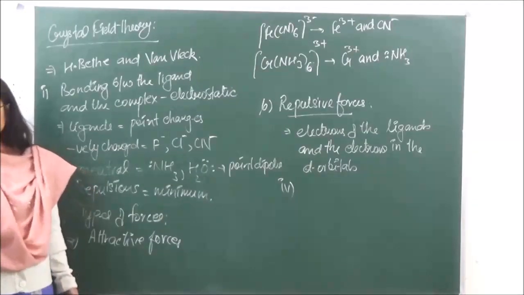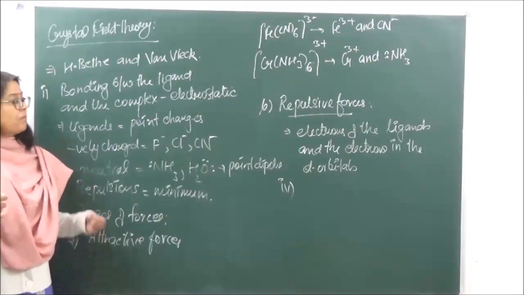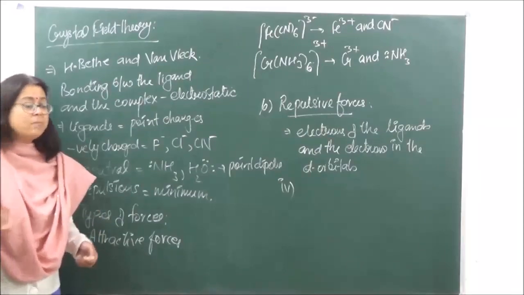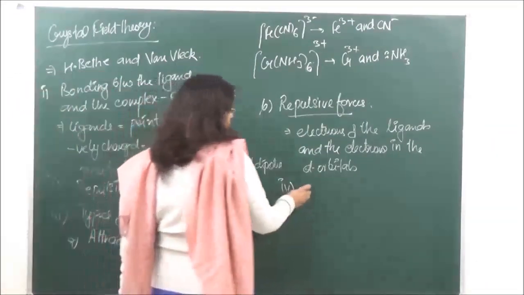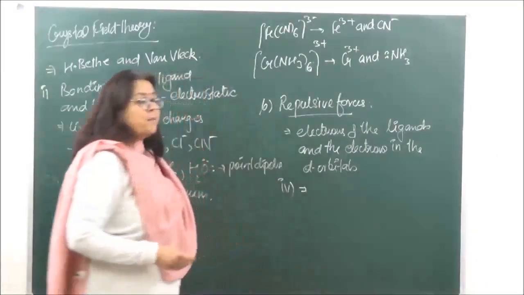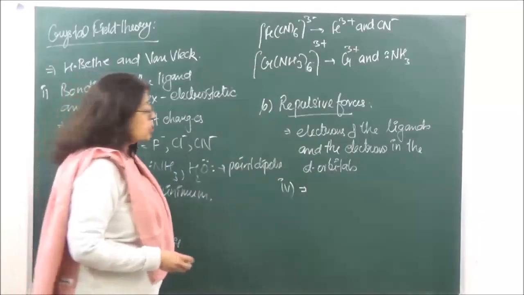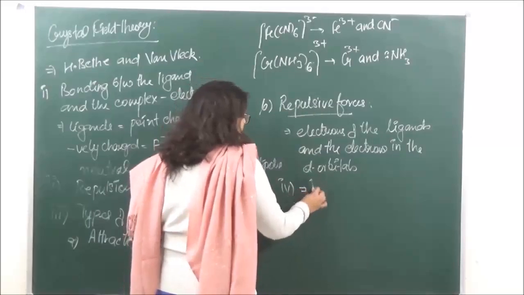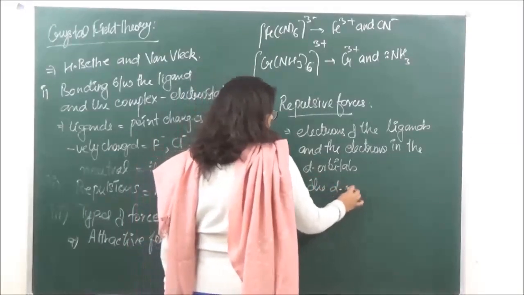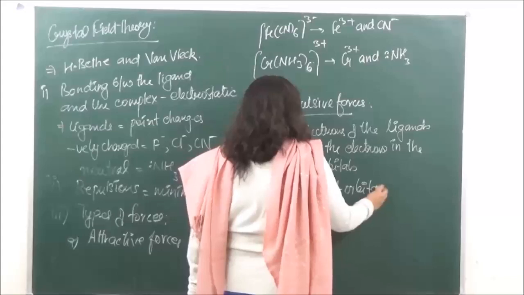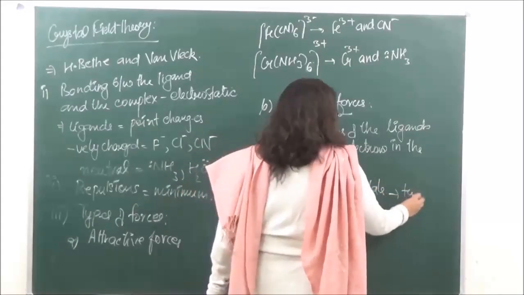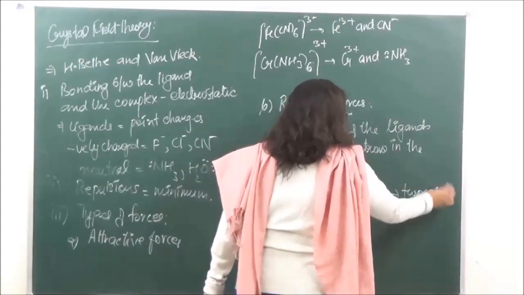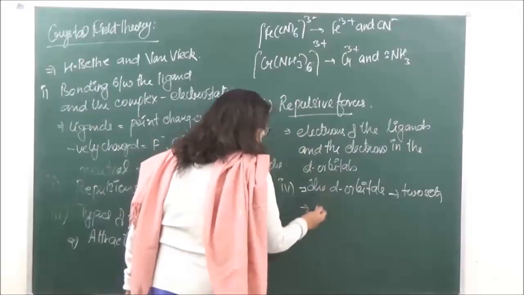All these 5 are going to be divided into 2 sets depending upon the orientation of the d orbitals.